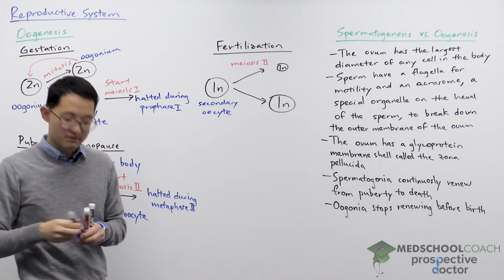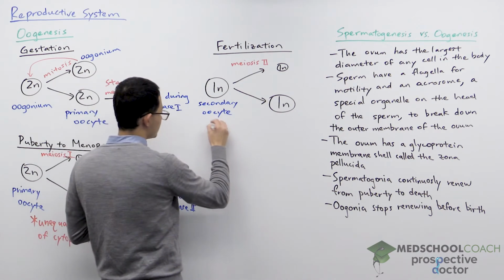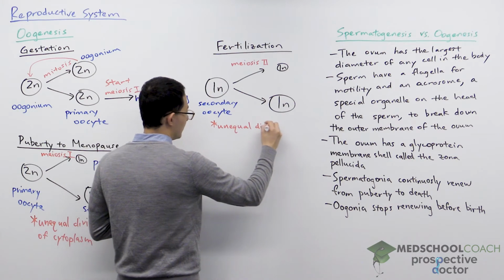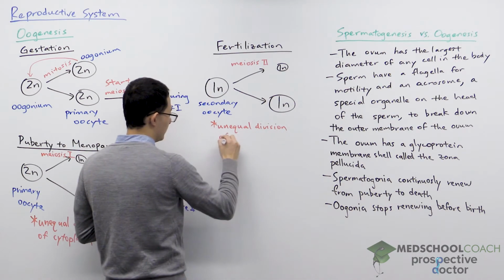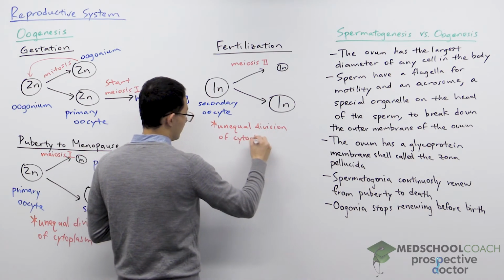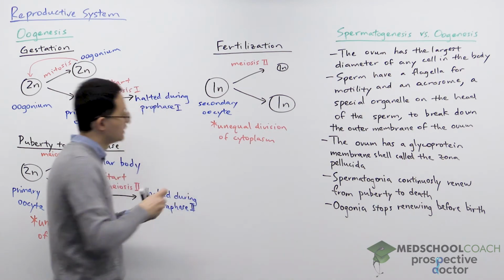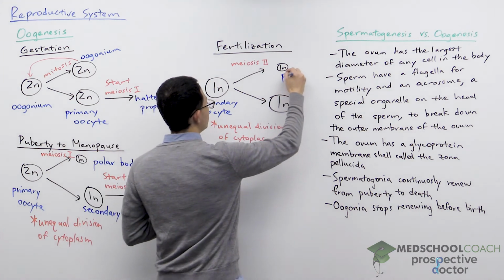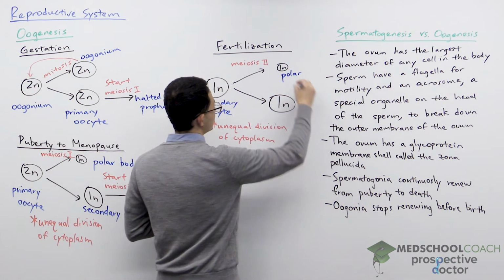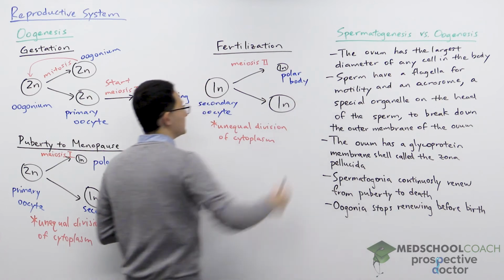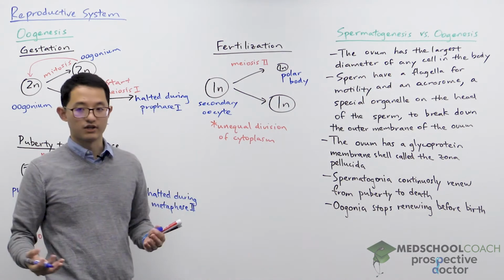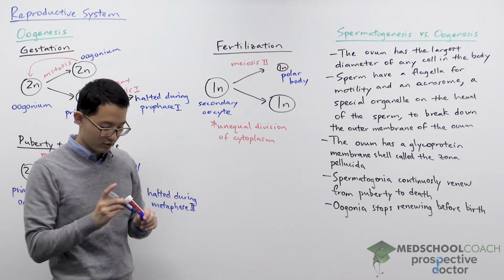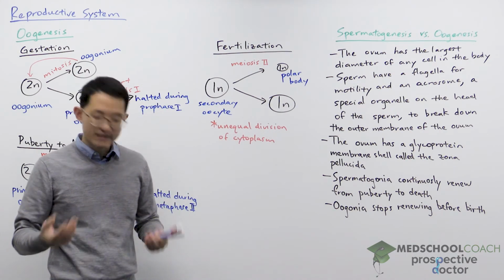Again, we have a similar situation. Meiosis 2 involves unequal division of cytoplasm, so again, we're going to form a polar body. This polar body has very little cytoplasm, really just a nucleus with DNA, and it's going to be discarded. You also have the other daughter cell, where the sister chromatids have been separated.